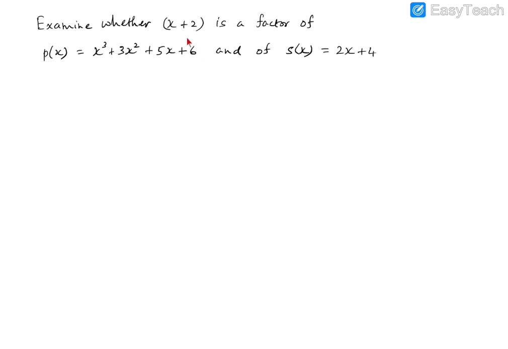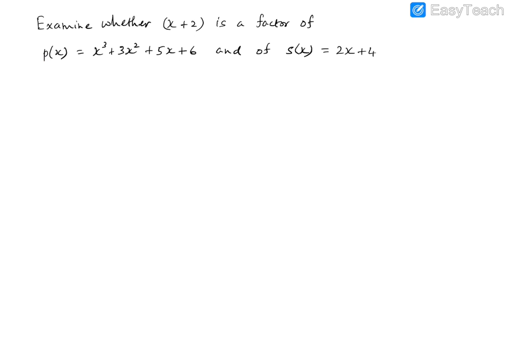So we are given a polynomial here, P of x, and another polynomial s of x, and we are asked to check whether this binomial x plus 2 is a factor of these two polynomials or not. So the first thing we will do is find the 0 of x plus 2.